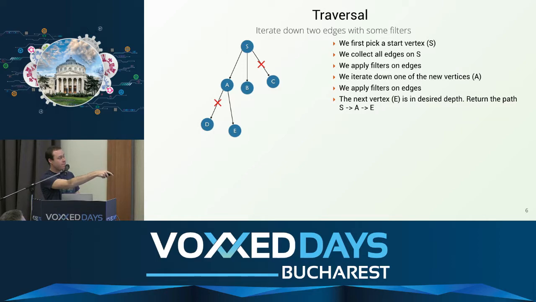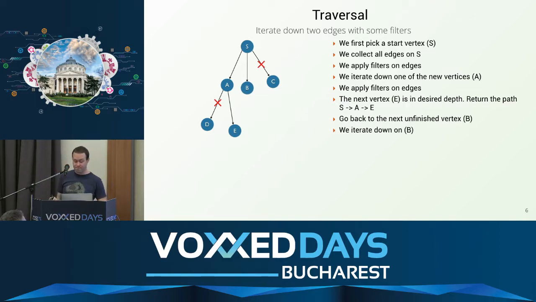It goes back to A and checks, is there any edge that I haven't processed yet? In this case, no, because I want to ignore D. So I go back to S and check, is there any edge that I haven't processed yet? And then yes, there is B. So I go from S to B and then do the same thing for B. For B, I find all the edges, which are pointing to F. Go down there, apply the filters.